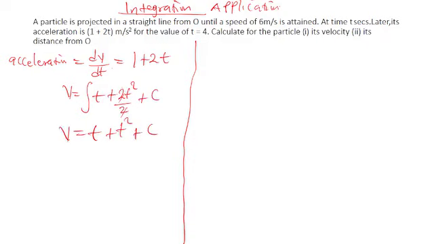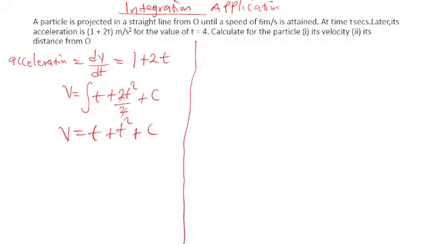So our value for v, velocity, is this. We can still use this to also get our distance, but let's move further before then. Now, calculate the particle's velocity and its distance from O.